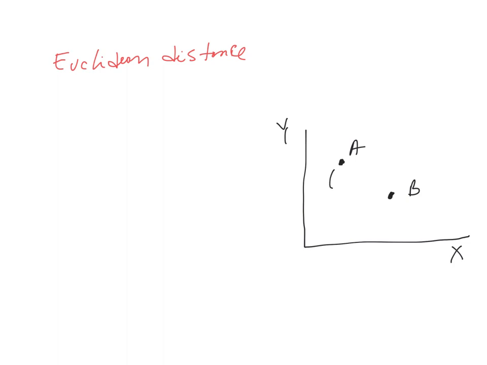Let's say I have x1, y1 coordinates here, and this is x2, y2 coordinates. So this is the y2 value, this is the x2 value, and this is the y1 value, and this is the x1 value. So we get the coordinates for point A and point B.